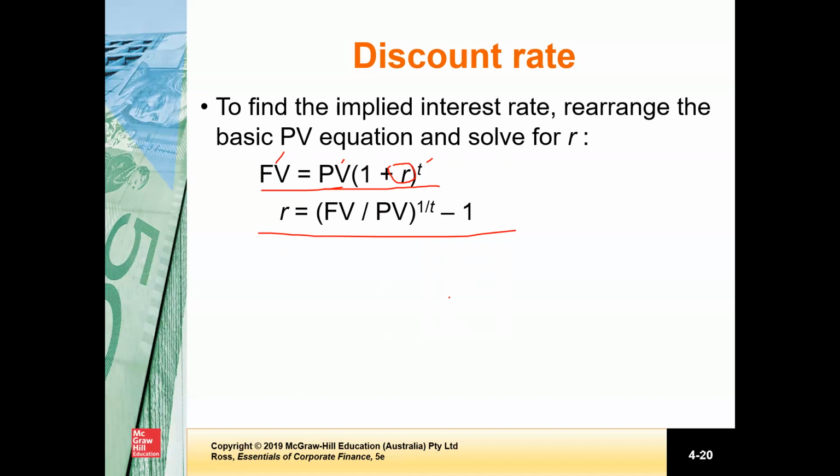Okay, so you can see the discount rate is present value divided by future value power 1 by t minus 1. Okay, the R essentially is the rate of return or the required rate of return associated with an investment where a certain present value grows to the future values over the time period at this discount rate.